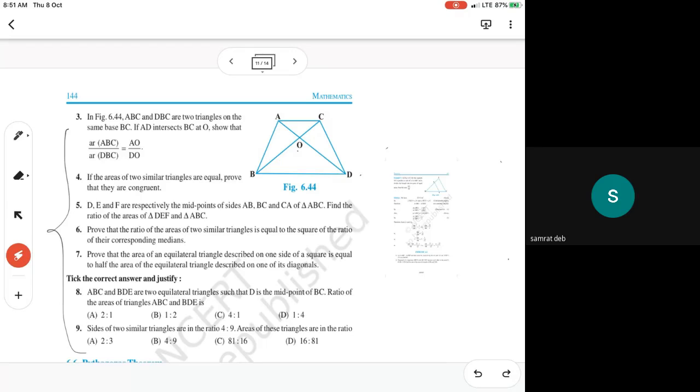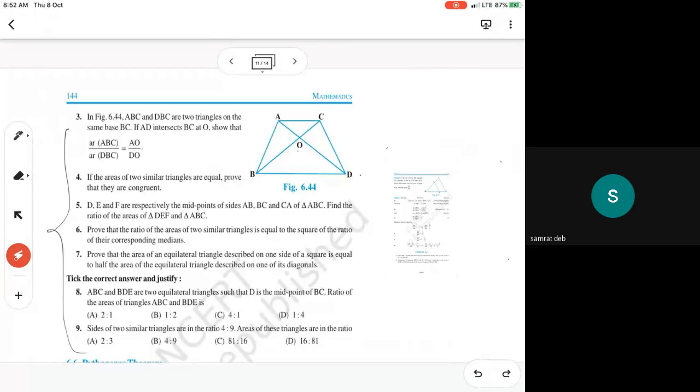ABC, this is the base you consider like this. ABC has the base here and A is the vertex, and DBC is a triangle. So both are having the base BC. BC is the base. Okay, is it clear?